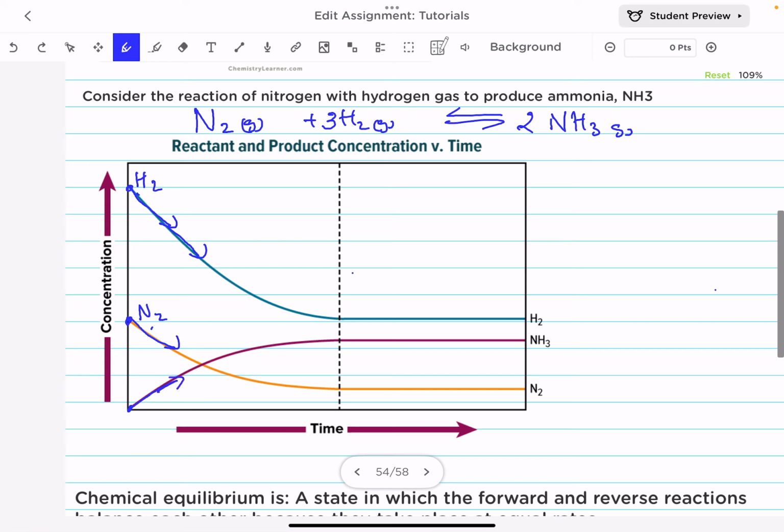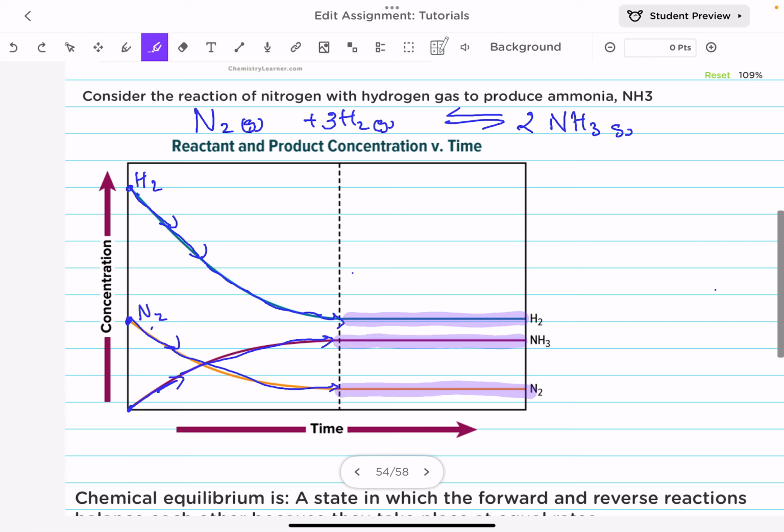Meaning, at a certain point, we can see clearly that I don't have any change in the concentrations anymore, meaning that H2 stopped decreasing, N2 concentration stopped decreasing, and the concentration of the product NH3 stopped increasing. What does that mean? Did the reaction stop? No, it did not. It means that this system reached equilibrium.